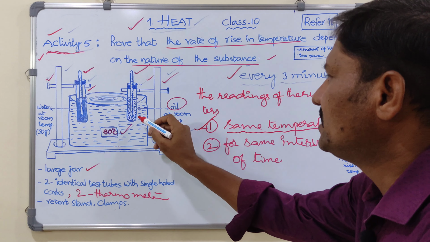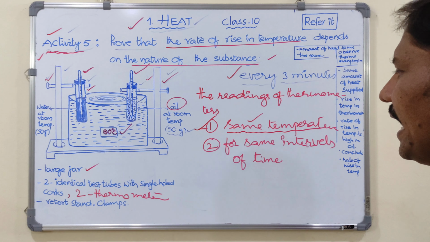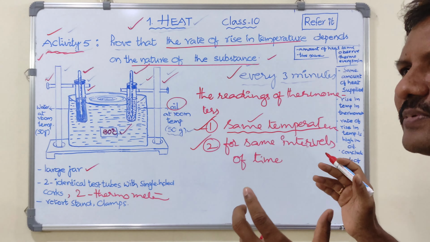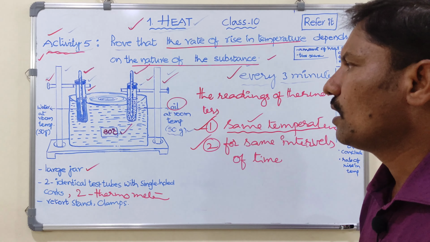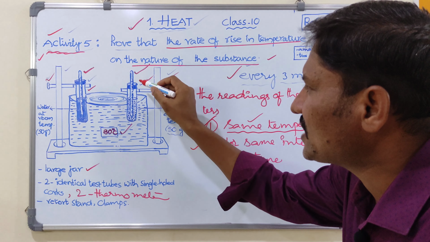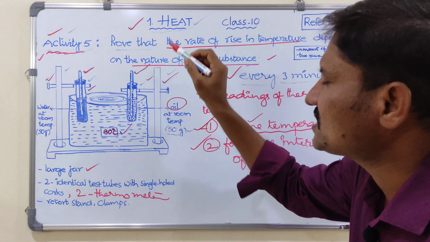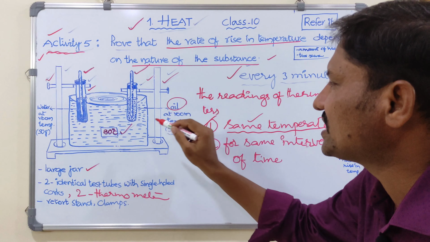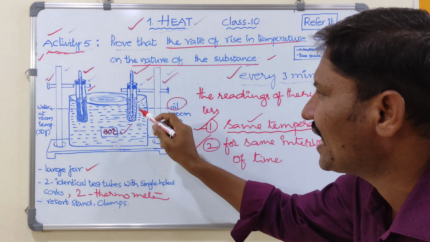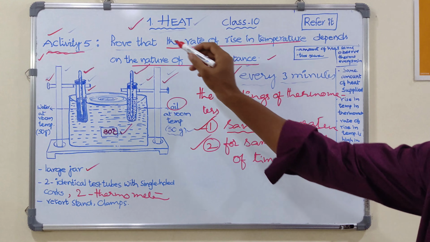I mean, these two are kept in the same temperature of water, and we are observing for the same time. But why does this happen? Why does the reading of the thermometer which is kept in oil rise more than that of the water? That is the question here.